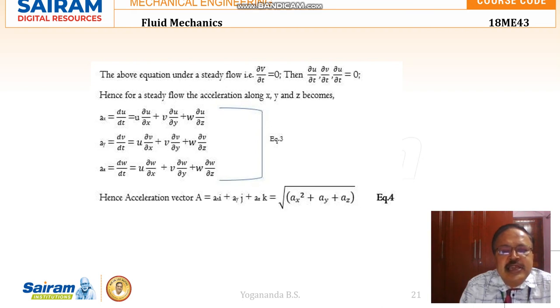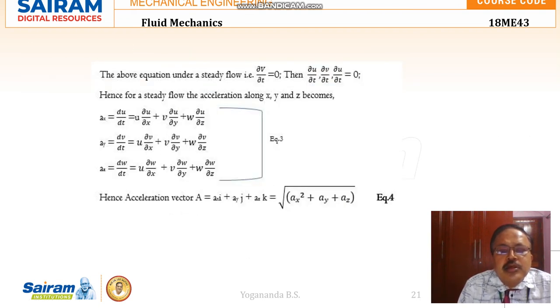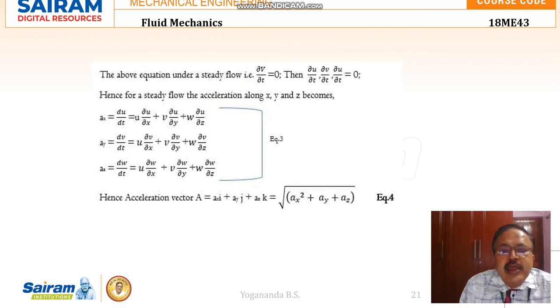So del u by del t is equal to 0 in the earlier equations. The resultant velocity V with respect to t is 0, meaning its three components in x, y and z directions are also 0.